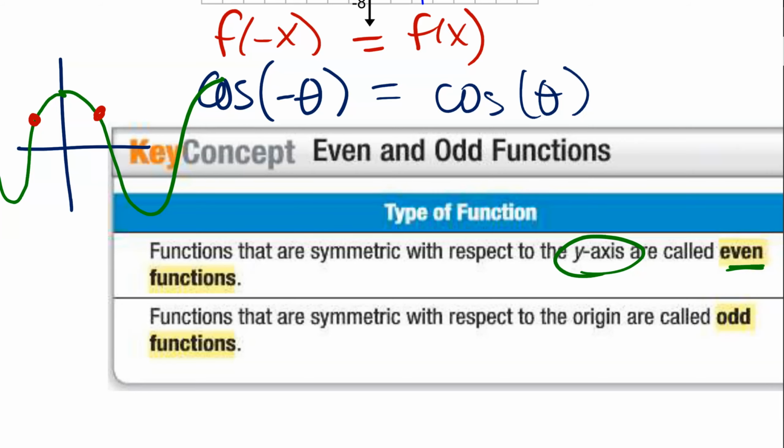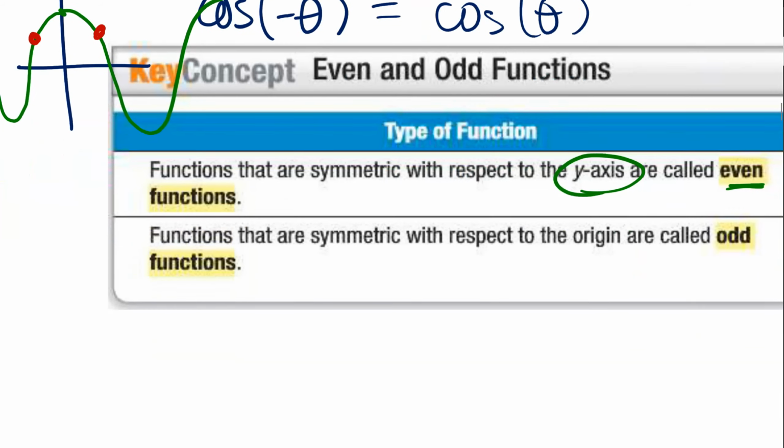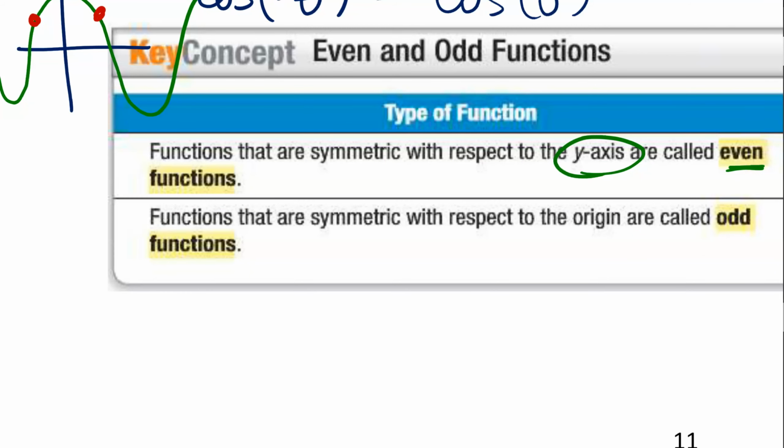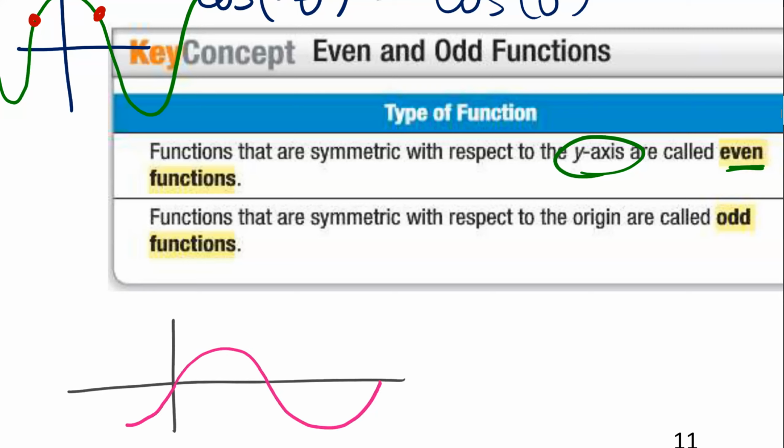Cosine is even. What if I want to graph sine? Interesting. Let's check it out. Because I remember from the paper, it was symmetric with respect to the origin. So if I have a point here, this was literally pi over 2, 1.